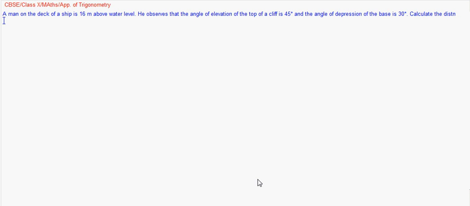Calculate the distance of the cliff from the ship and the height of the cliff.